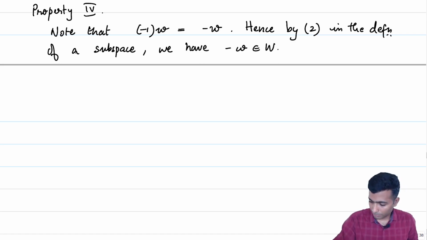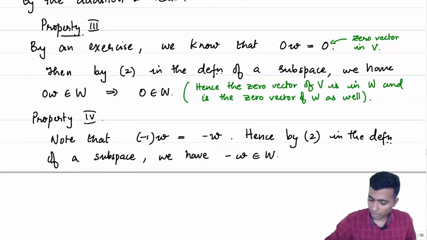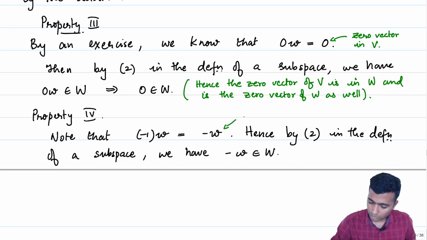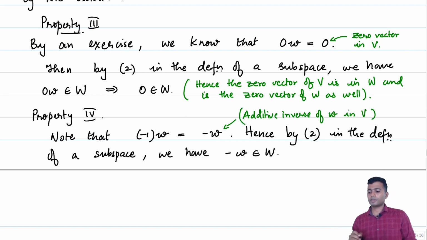So, again keep this in mind when I say that here this is the additive inverse of w in capital V. Now, it is not very surprising that the additive inverse is in capital W as well, because if you remember, one of our other exercises was to say that given any vector, the additive inverse is unique.